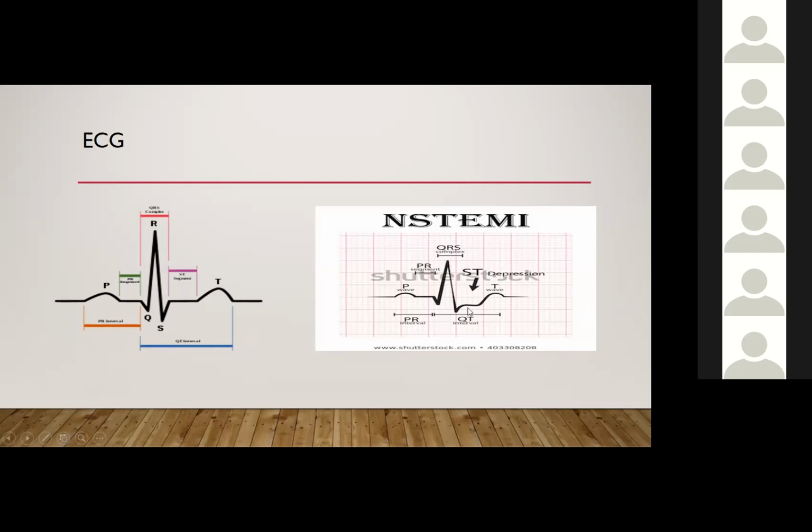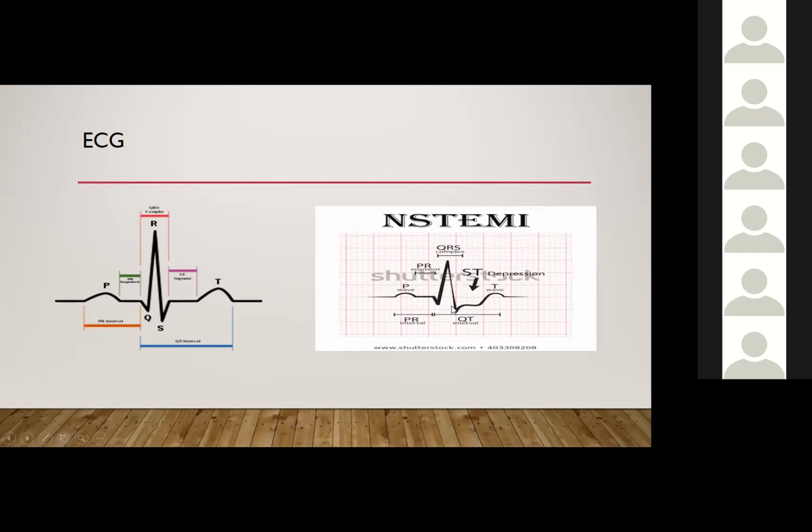Sometimes your troponins come and show that they are elevated, and you take a look at your ECG and you don't find any elevation, you don't find any depression, that would also qualify as a non-ST elevated MI. So with a non-ST elevated MI, the ST segment will either be depressed or it will be what? Normal. Are we okay? Yes, sir. Okay.